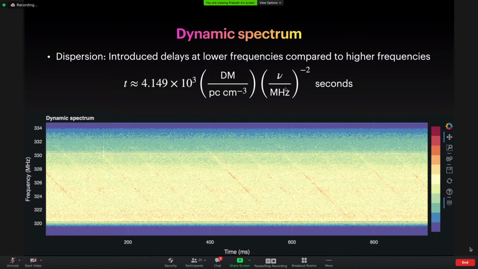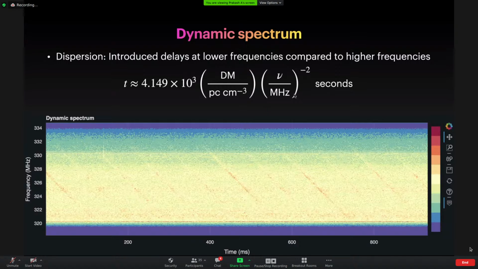You express the frequency in megahertz, that is the observational frequency, not the scaled down frequency, because that is what is getting delayed in the interstellar medium. You use that in megahertz and the dispersion measure for the pulsar, and you'll get the delay compared to infinite frequency. Now, what we have is a frequency range.